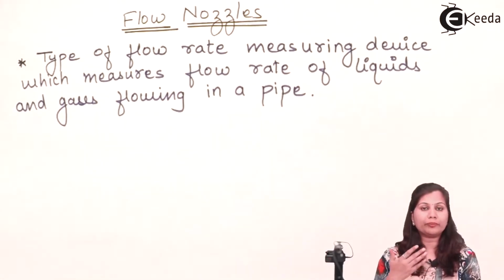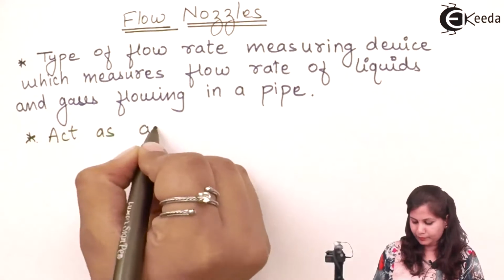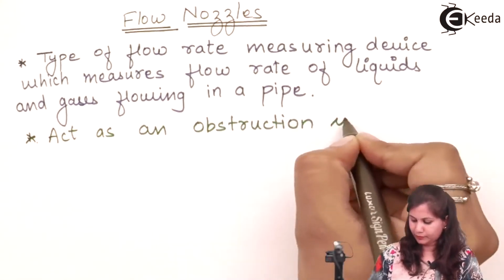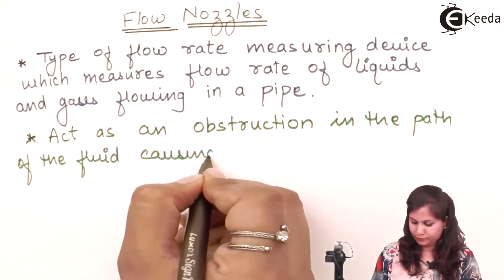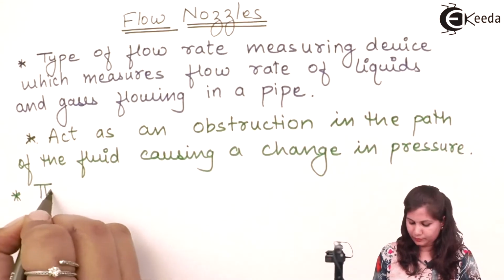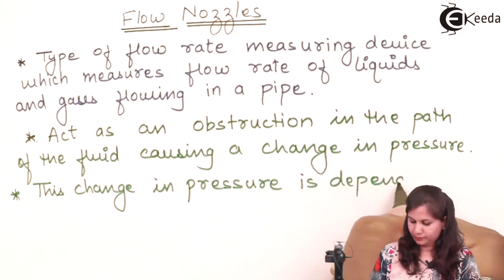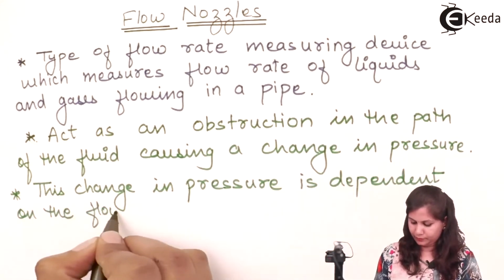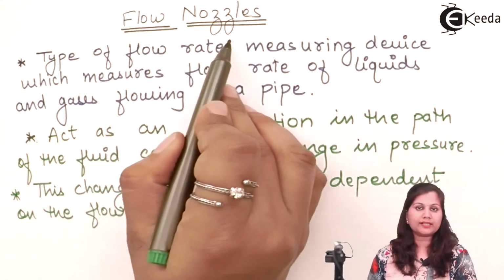So we are going to measure the flow rate by measuring the changes in the pressure caused by the obstruction. So flow nozzle is an obstruction meter.